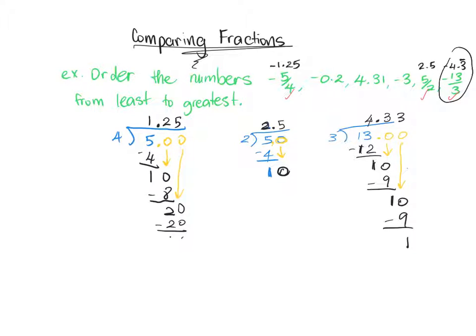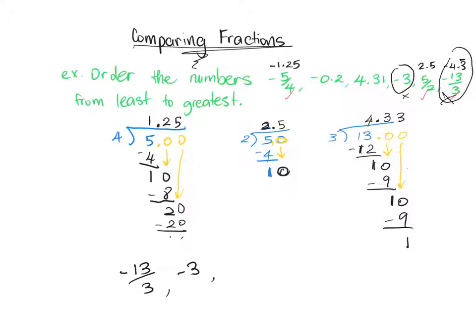So I'm going to go ahead and cross this off, and then we'll write that down as the first thing in our answer, negative 13 over 3. All right, so then you want to move on to the next most negative number, and the next most negative number here is our negative 3. So I'm going to go ahead and cross that one off, and we're going to keep going.